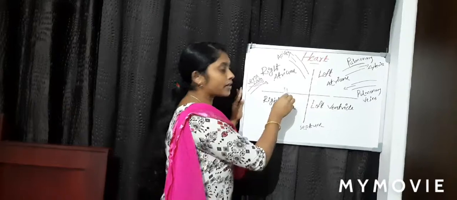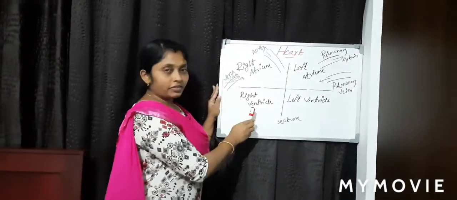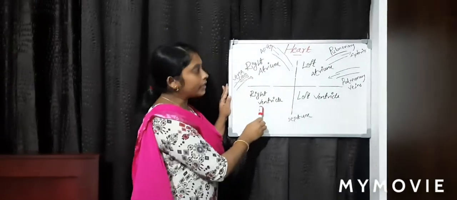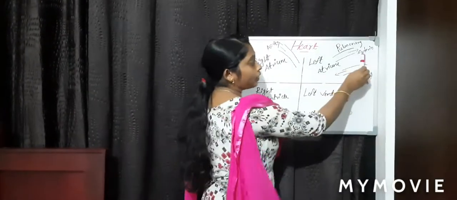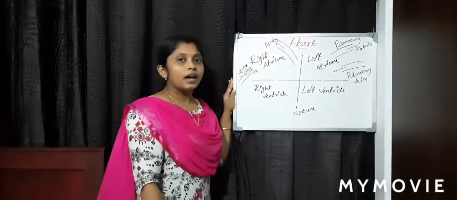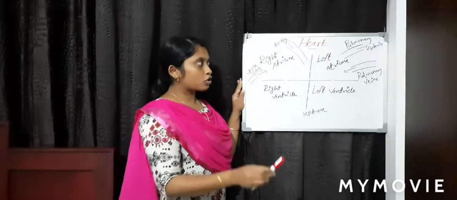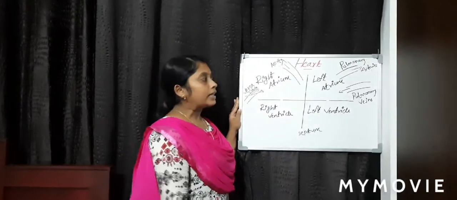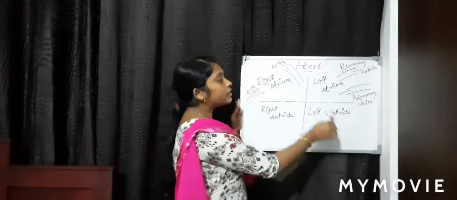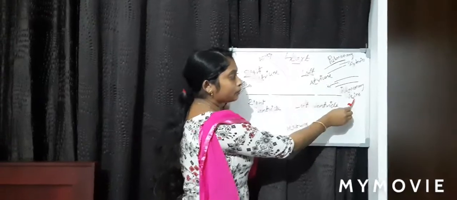From the right ventricle, it goes into our lungs through pulmonary arteries, where the blood gets oxygenated, and it goes back into the heart and enters the left atrium through pulmonary veins.